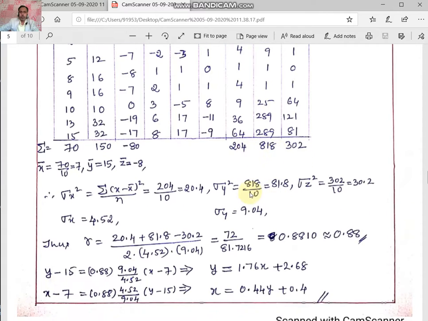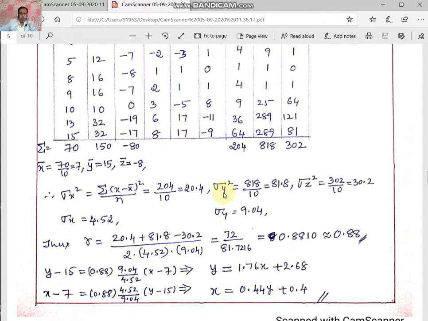Then find the variance of x, that is sigma x square, using the formula sum of (x minus x bar) whole square by n, that is 204 divided by 10, 20.4 is sigma x square.